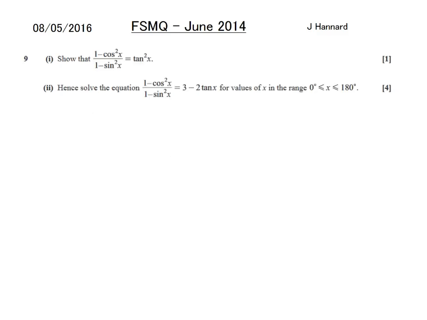Question 9 then, show that 1 minus cos squared x over 1 minus sine squared x equals tan squared x. So 1 minus cos squared x over 1 minus sine squared x can be replaced with sine squared x over cos squared x, because remember, the big one here, sine squared x plus cos squared x, and you must learn this by the way, equals 1.